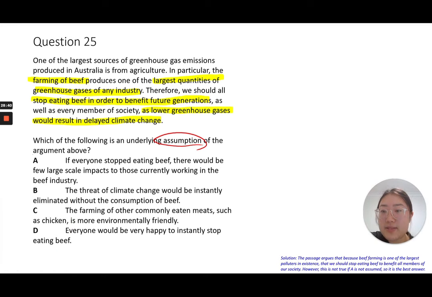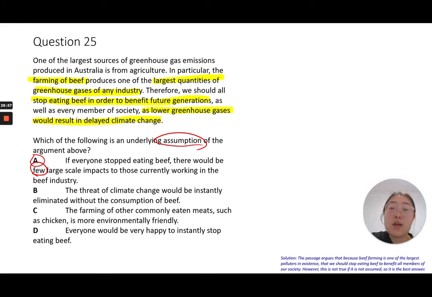Because the answer is actually A. Because if everyone stopped eating beef, there would be few large-scale impacts to those currently working in the beef industry. So the assumption is that there's few large-scale impacts.